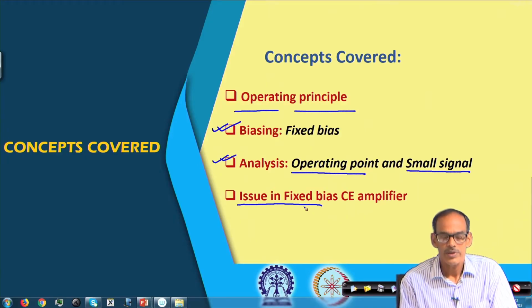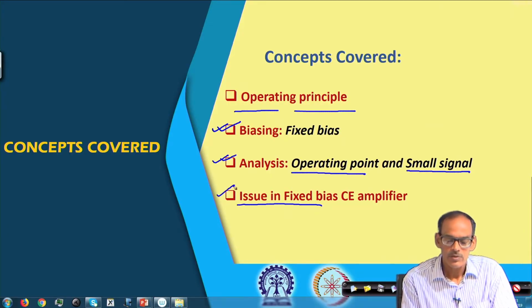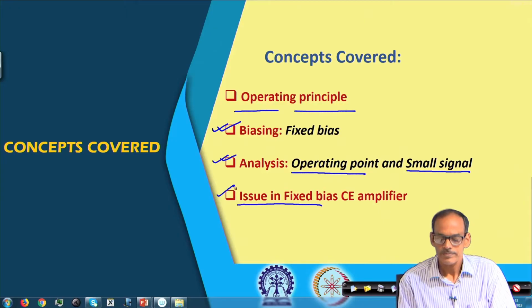Beta may also change due to temperature effect; at higher temperature beta will increase, and that directly affects the operating point of the common emitter amplifier. We will discuss that issue, and give a pointer to a better option or solution to that problem.